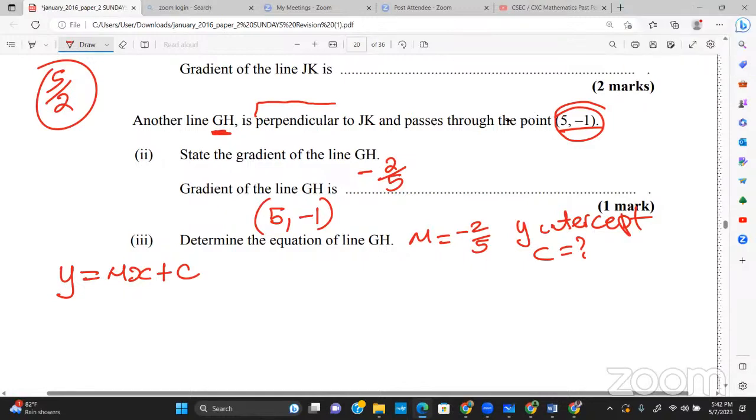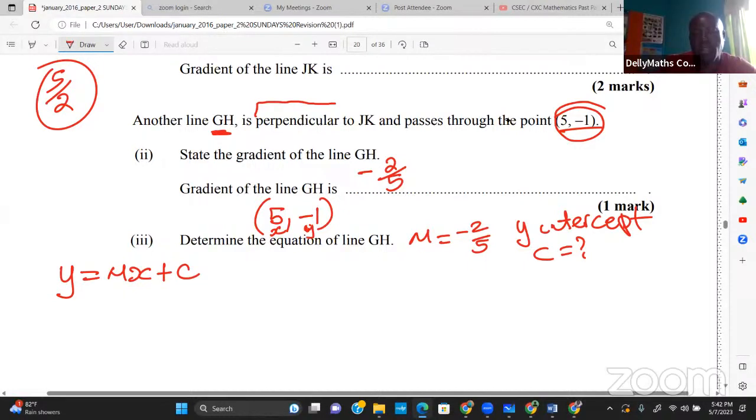So 5, negative 1. So we have x, we have y. So we're going to substitute the gradient along with the points x and y in this form and find c. So negative 1 goes where y is.